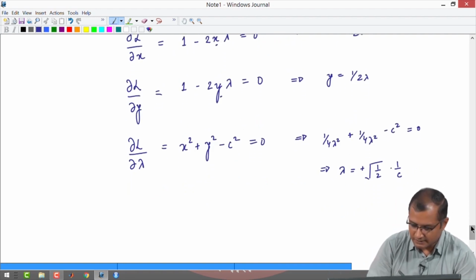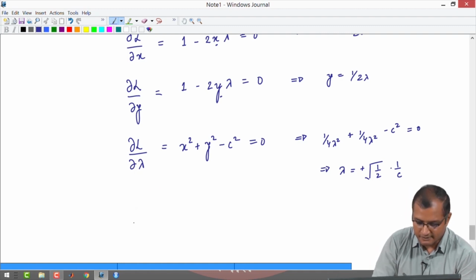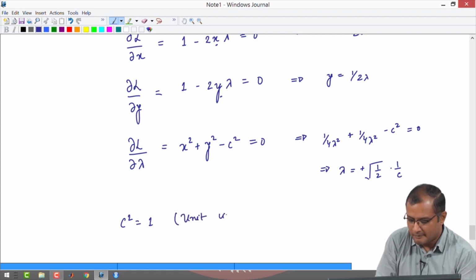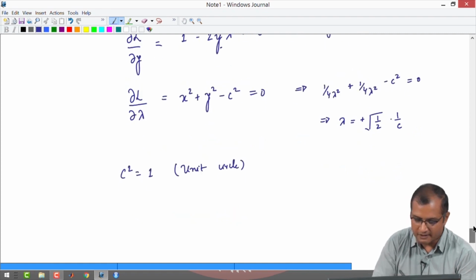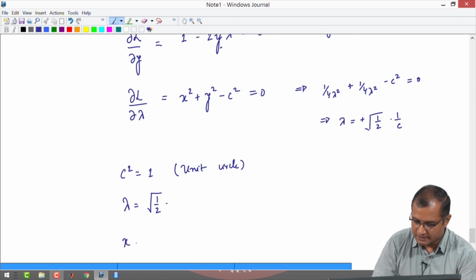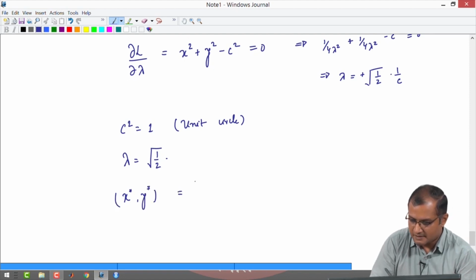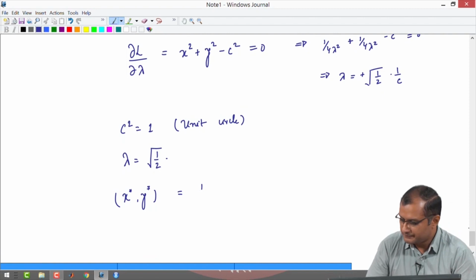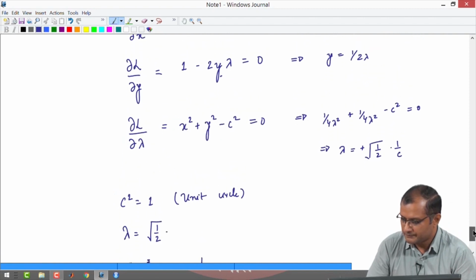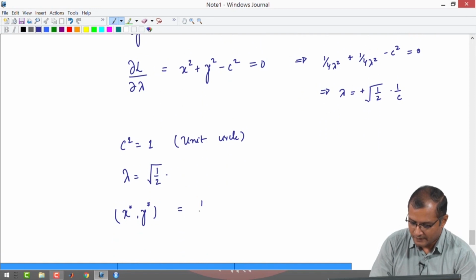If the circle was a unit radius circle, then c square would have been 1 for a unit circle, and you could have taken lambda as 1 upon square root 2, and that would have given you the point of maxima, where x plus y is maximized, as simply 1 upon square root 2, 1 upon square root 2.